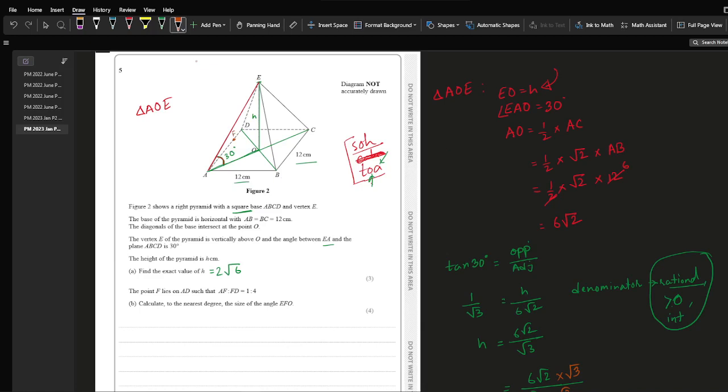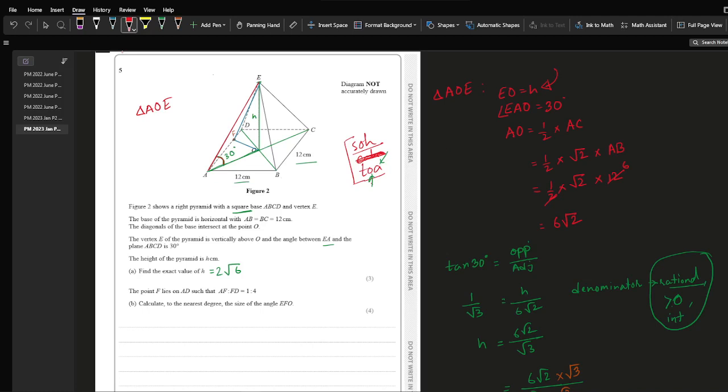Calculate the size of the angle EFO to the nearest degree. EFO is this right here. So what do we have for this?